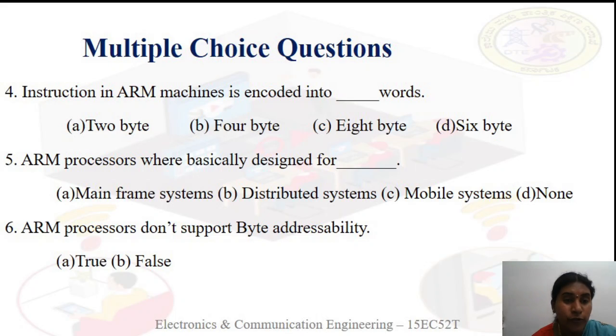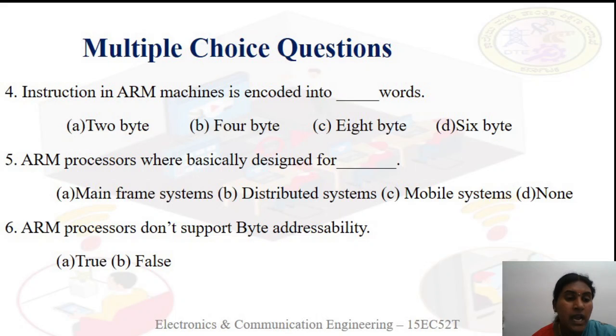So the answer is 4 bytes, that is answer B. The next one, ARM processors were basically designed for dash. The main application of the ARM processor is that it is mainly used for mobile systems. Mobile systems all have this ARM processor. So the answer is C, that is mobile system.